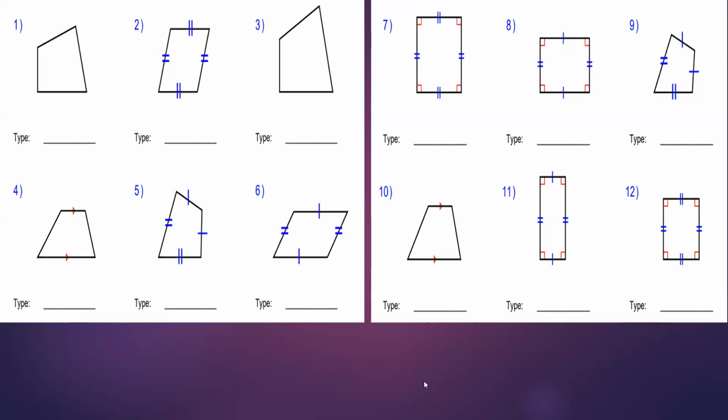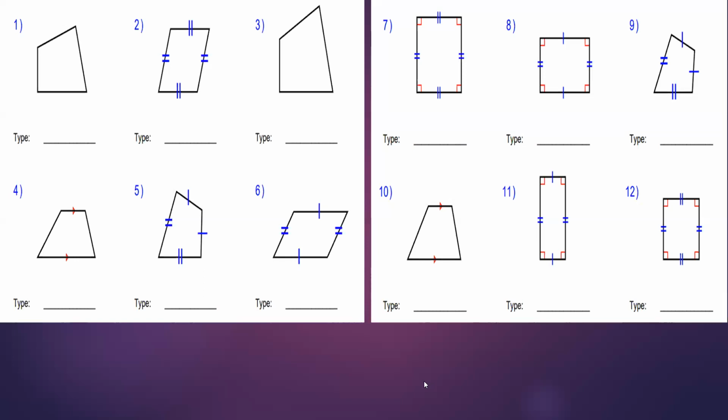Number 2. Shion, what number you on? Number 5. Ramon, what number you on? Number 4. Mikhail, what number you on?